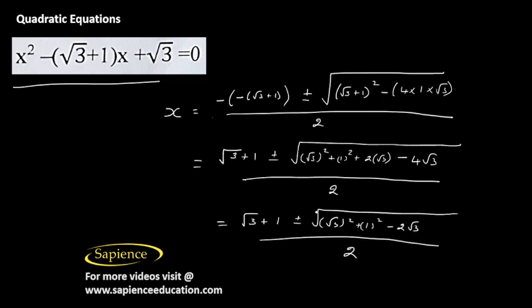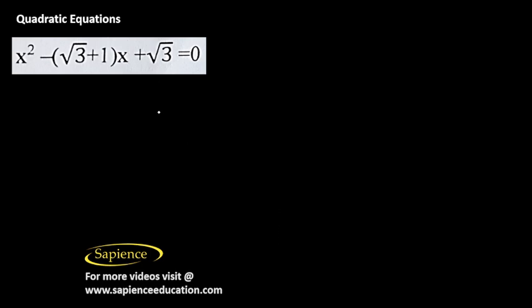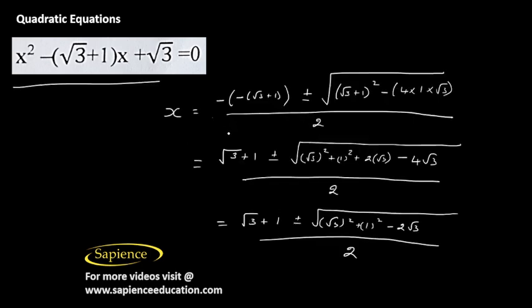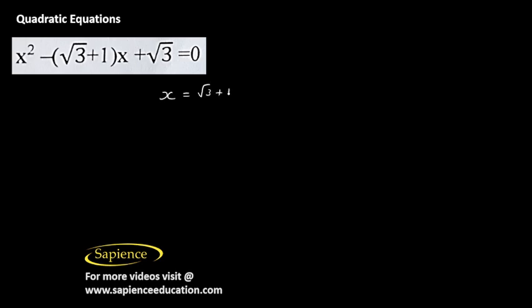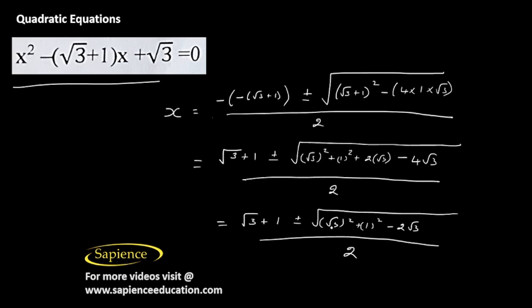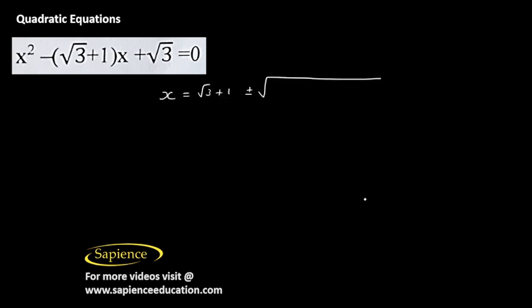Now, inside the square root, we are having a square plus b square minus 2ab. Previously we had a square plus b square plus 2ab. Now it has become the format a square plus b square minus 2ab. So we can rewrite it as root 3 minus 1 whole square. The value of x is root 3 plus 1 plus or minus, inside the square root, a square plus b square minus 2ab can be written as a minus b whole square.